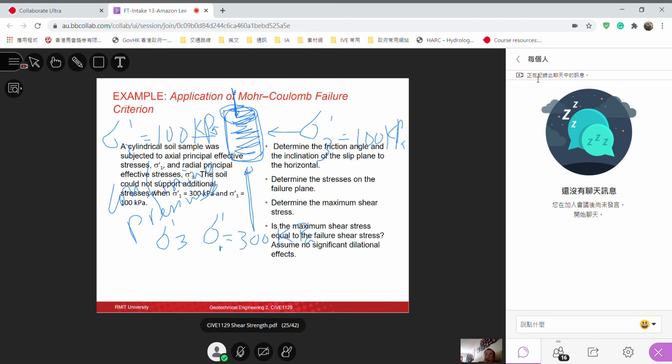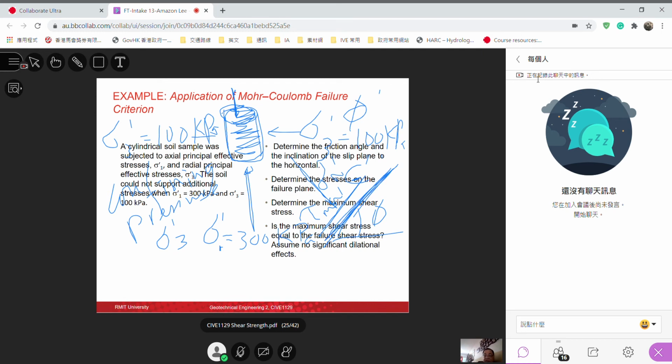We ask you to determine the friction angle, and the cohesion intercept, if any, and then the failure plane. Where is this failure plane? What is the normal stress at the failure plane, the maximum normal stress, and the maximum shear stress along the potential failure plane?